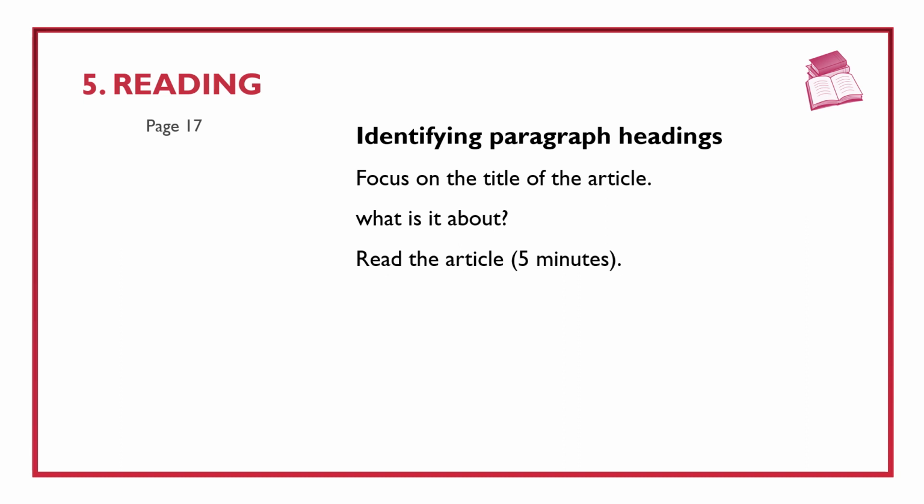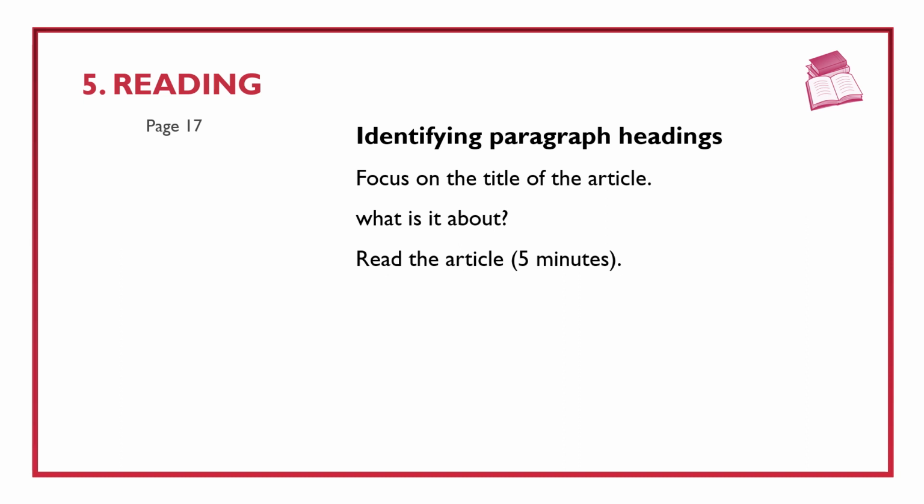Now, I want you to give yourself 5 minutes to read the article. Pause this video and read it. So, after you're done reading, please look at part A below the article. The exercise is read the article once and complete it with the headings.